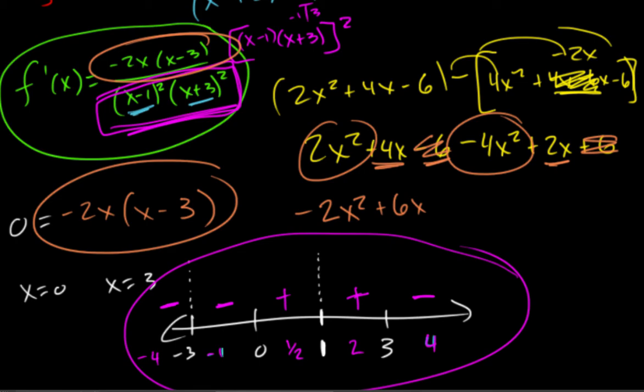Now, for increasing, we're just going to look at all the areas where we're positive. So we're going to go from 0 to 1, and because it's like an asymptote, it's going to look more like that.